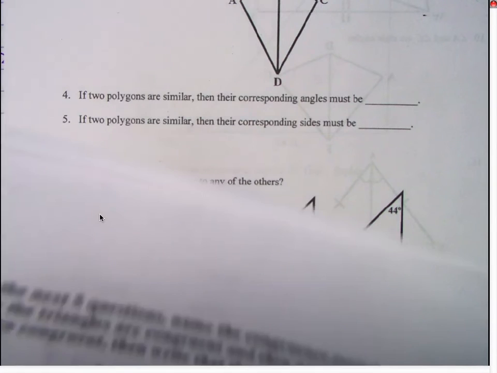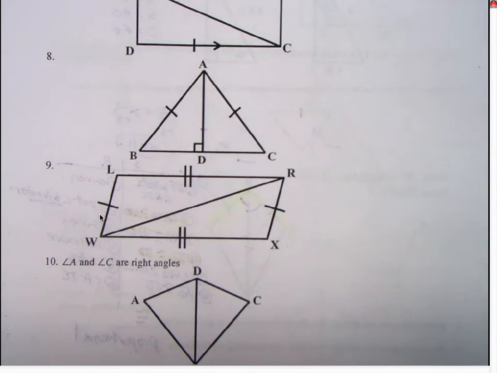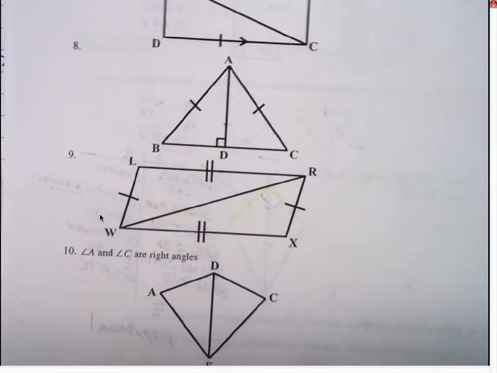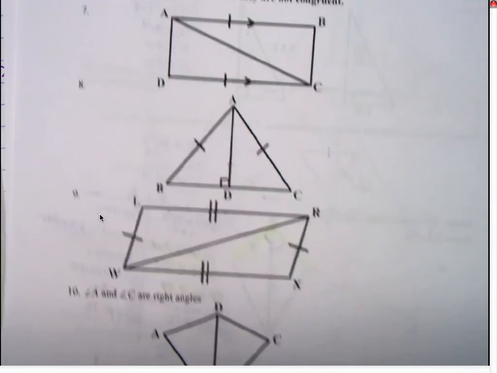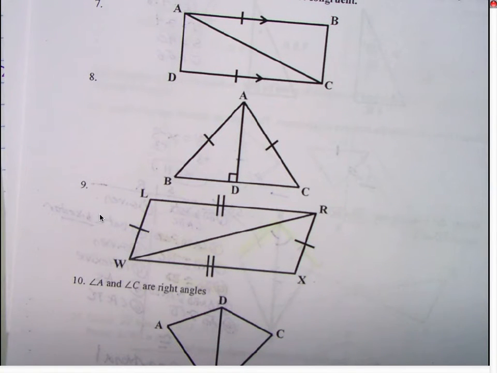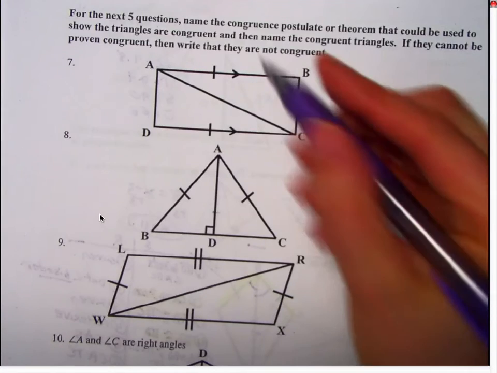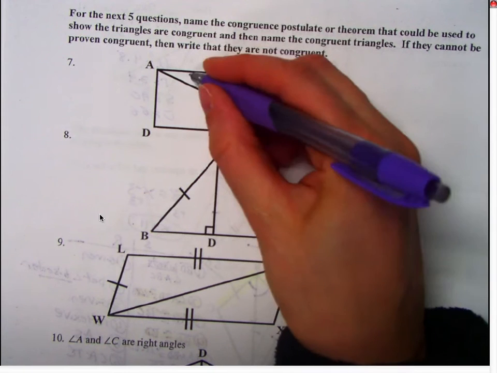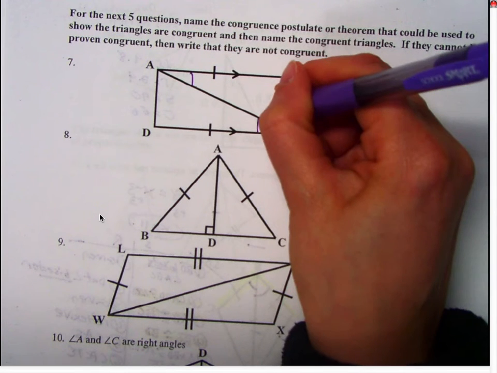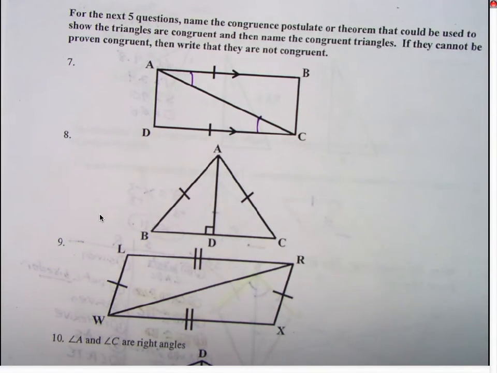Okay. 7 through 11, we are going to say how they are congruent and then make a congruency statement. So number 7, I have two parallel lines cut by a transversal. These two angles are congruent by alternate interior.